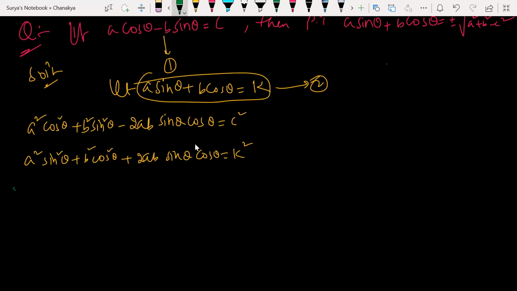Let us add these two equations. If I add these two equations, what would I get?